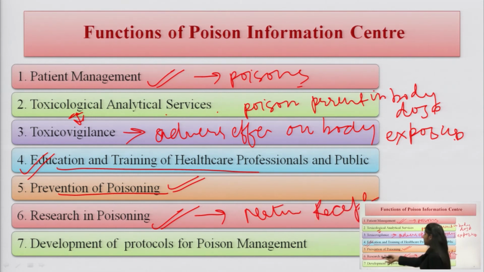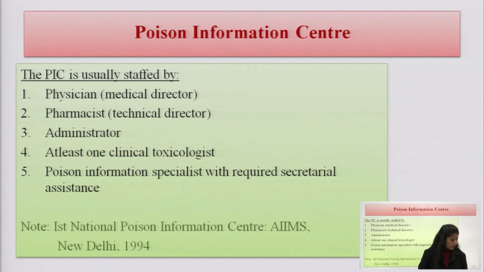These models are studied in research in poisoning. After the research, another function is the development of protocols. In the protocols, we give a particular poison and how to manage it, at which dose it gives severity to the patient, and how to manage a particular condition. These are all the basic functions of the Poison Information Center.